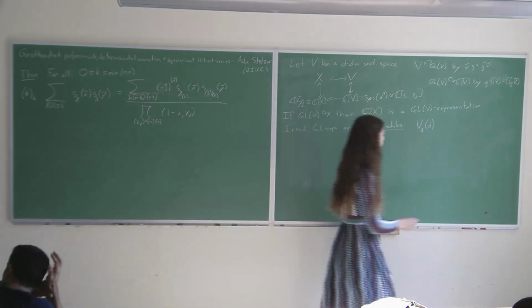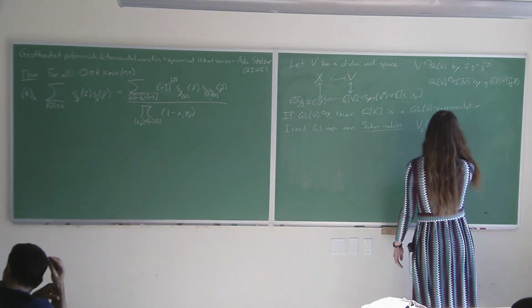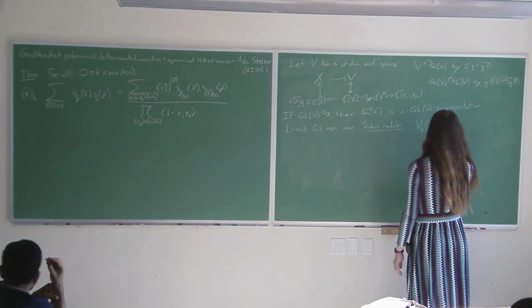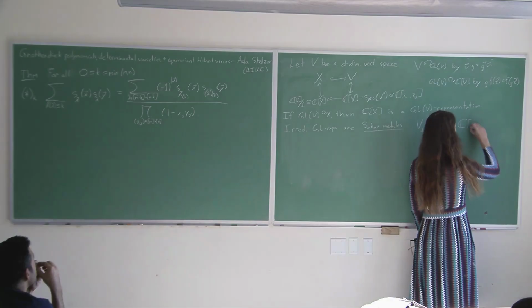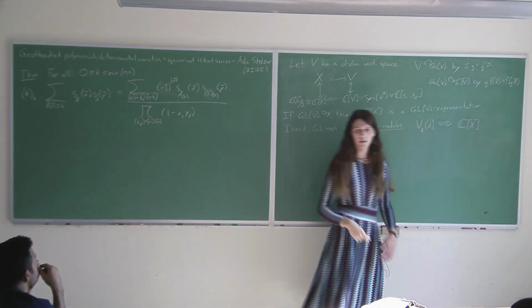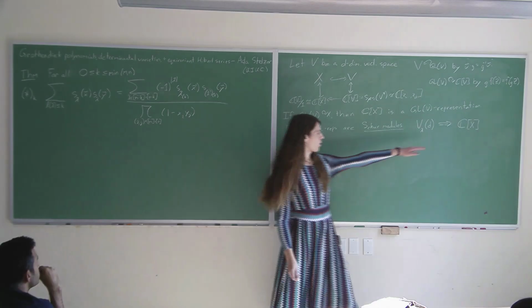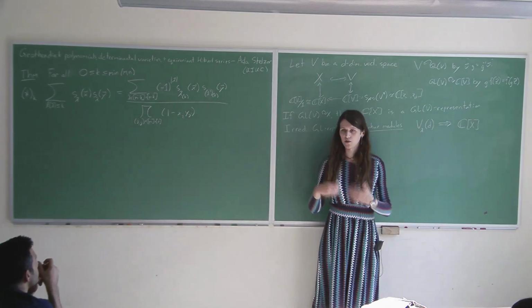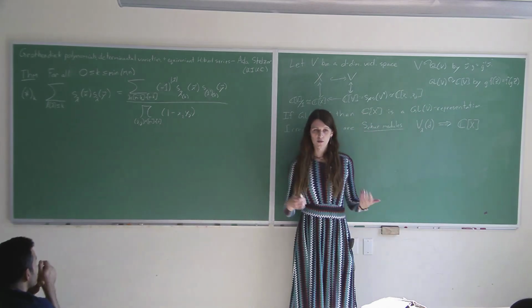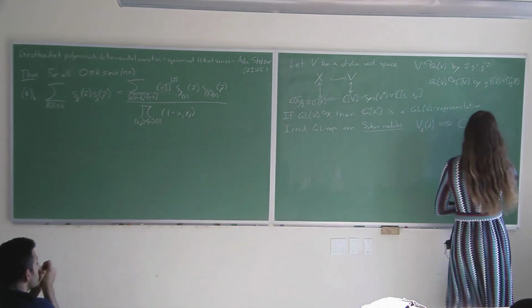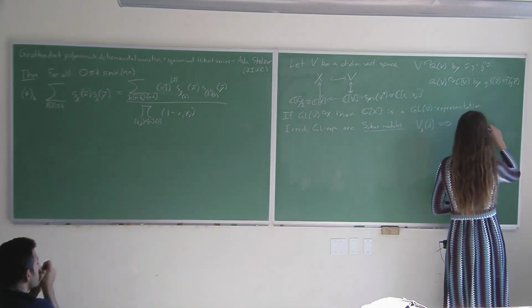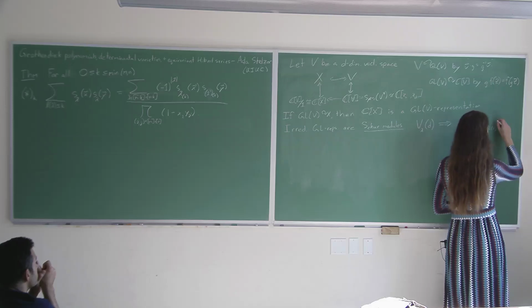And so this tells us that our coordinate ring of our variety, because GL is a reductive group, has to decompose as a direct sum of irreducible GL representations, namely the Schur modules. And so we have to have some expression like this.